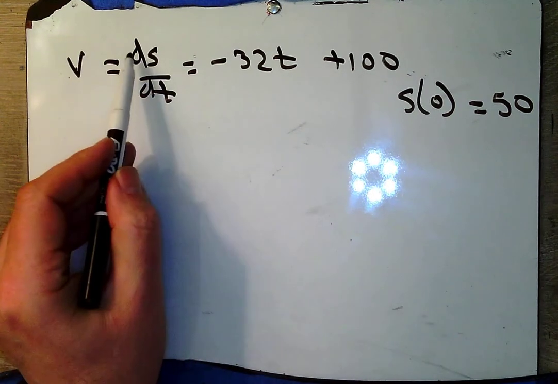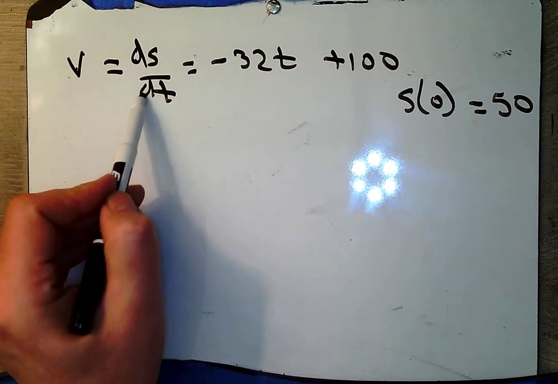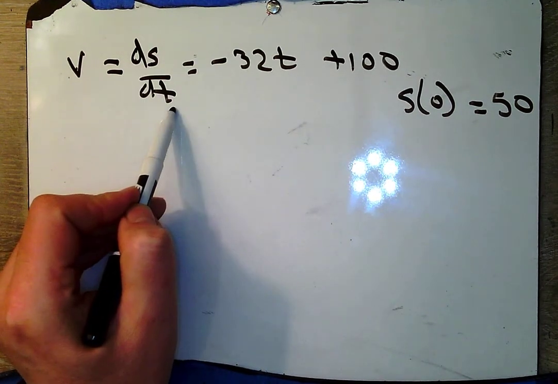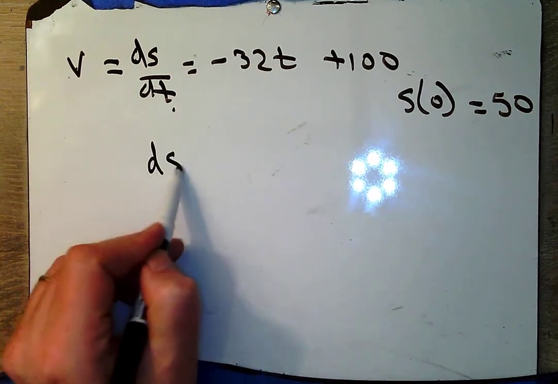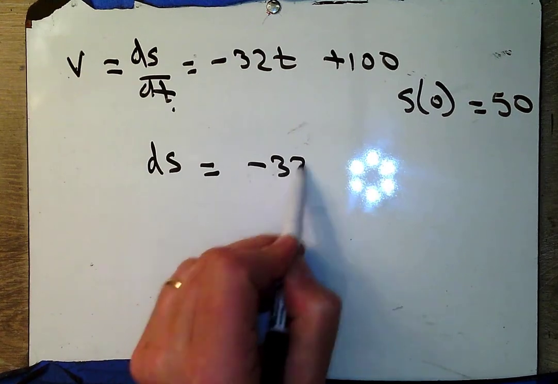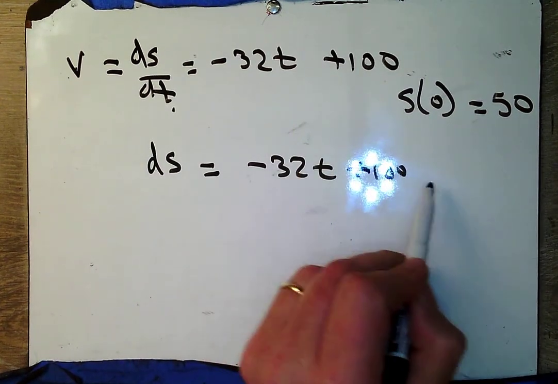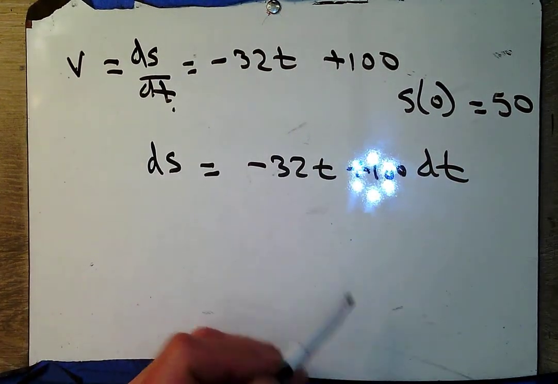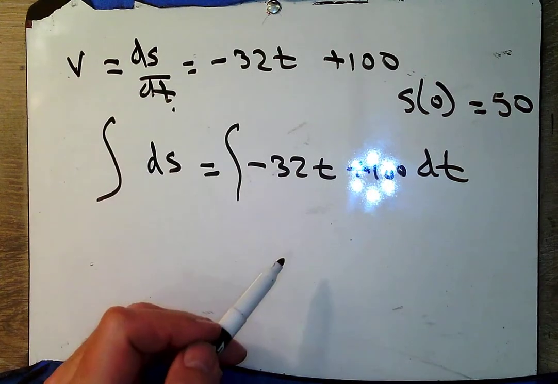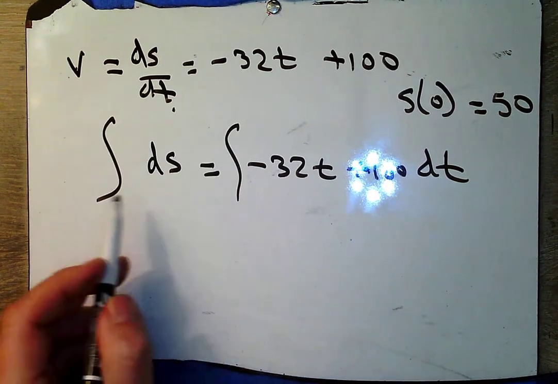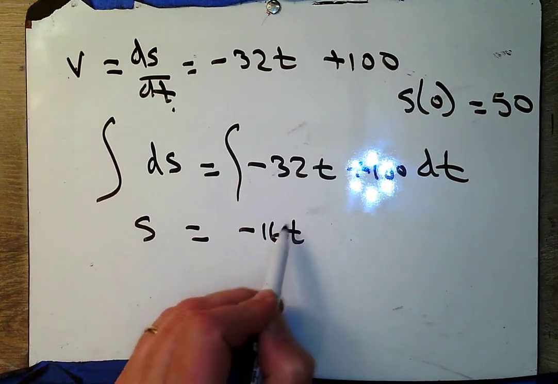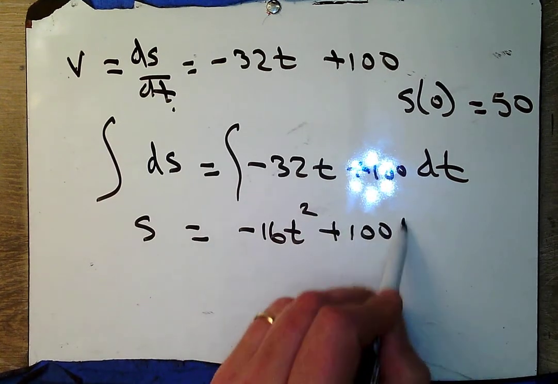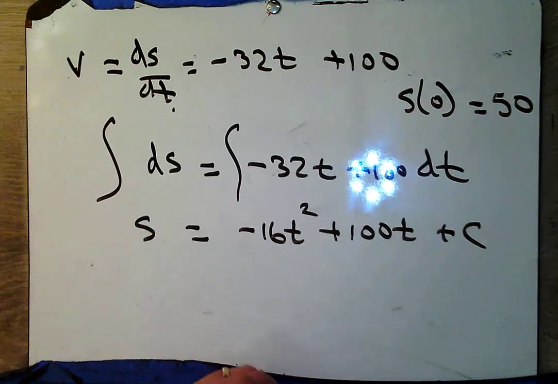We know velocity is the rate of change in position with respect to time. Right, so now I can do my separation of variables and have ds equals negative 32t plus 100 dt. And when I integrate both sides, I'm going to have s equals negative 16t squared plus 100t plus c.